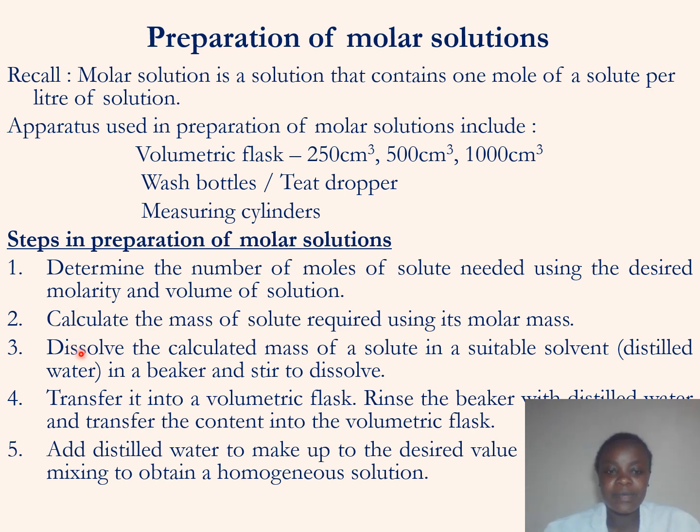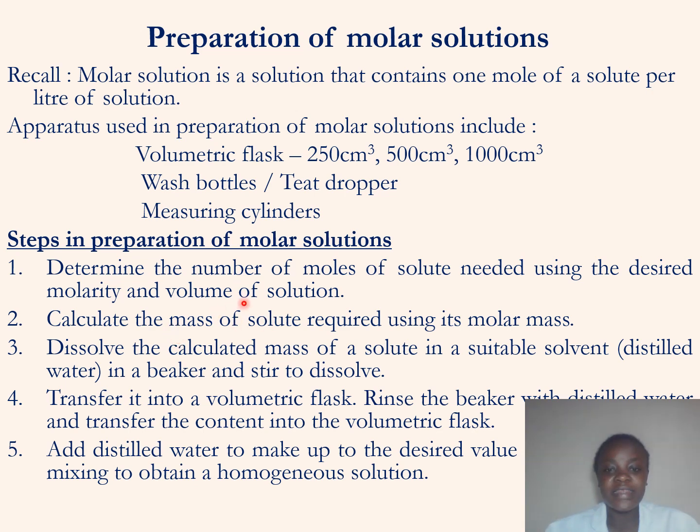The second step is to calculate the mass of the solute required using its molar mass. Now we have the number of moles from the first step, so we are required to determine the mass.